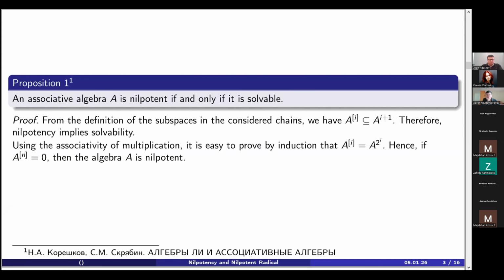Proof. What is the definition of solvable?